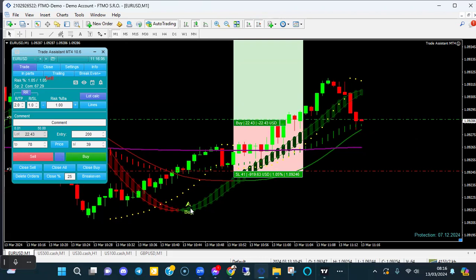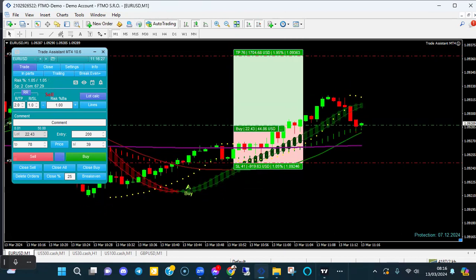But we got in, followed the rules. We had a buy alert. Parallel SAR was underneath the price. The wave started to turn green. That's where the stop loss is. And we followed the rules. And that's what this Academy 55 strategy is all about, following the rules.